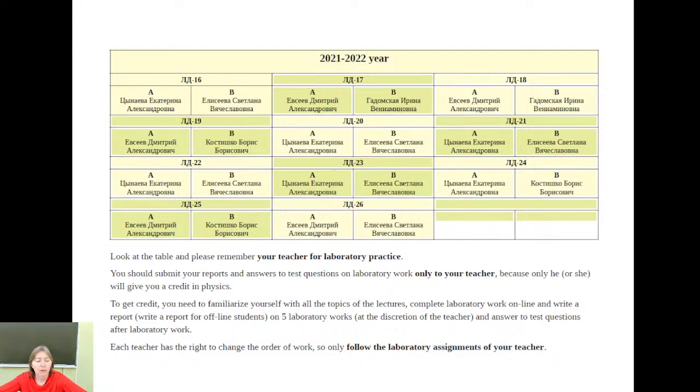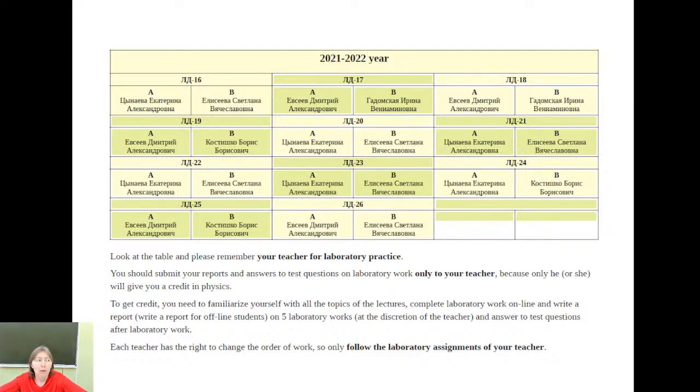For offline students, prepare for laboratory practice a sheet of paper, A4 format, and pen, pencil, ruler, and eraser, and a graph paper. Download and print a title page. The title page is attached in the lecture.